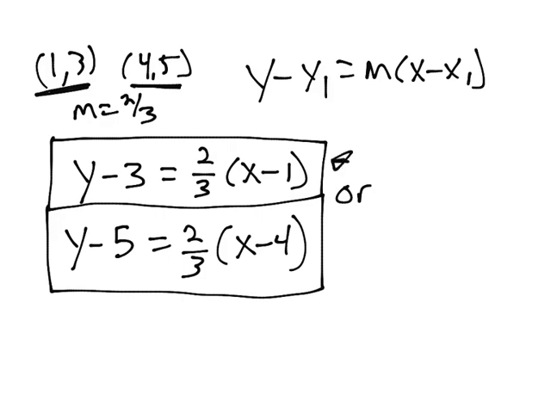Both of these represent the same equation. It's just a slightly different starting point, because you're anchoring on this top one at 1, 3, and someone else is anchoring at 4, 5. It's just two different labels for the same line.